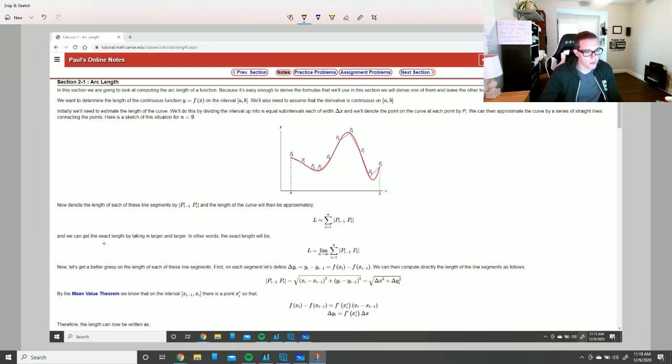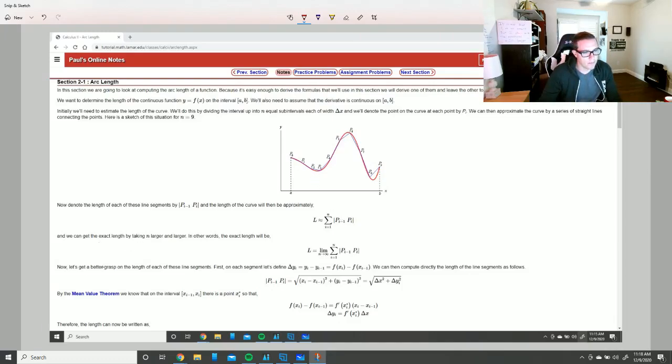And then obviously we can get the exact length by taking n to be larger and larger. Obviously, you've kind of seen this before, by making n go to infinity. So if we did infinitely many, infinitely small little line segments, that would perfectly encapsulate the curve.